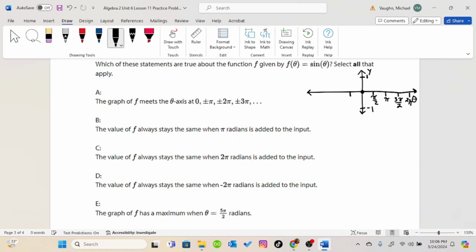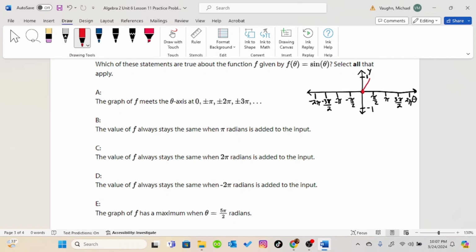And then the same thing going the opposite direction. So, when we draw our graph, we start at the origin because it's sine.